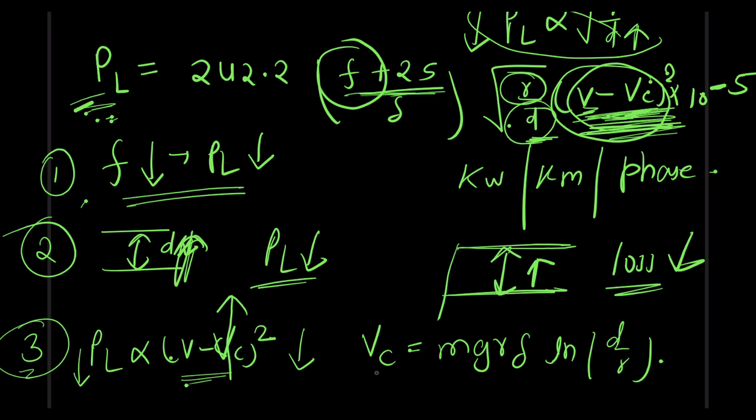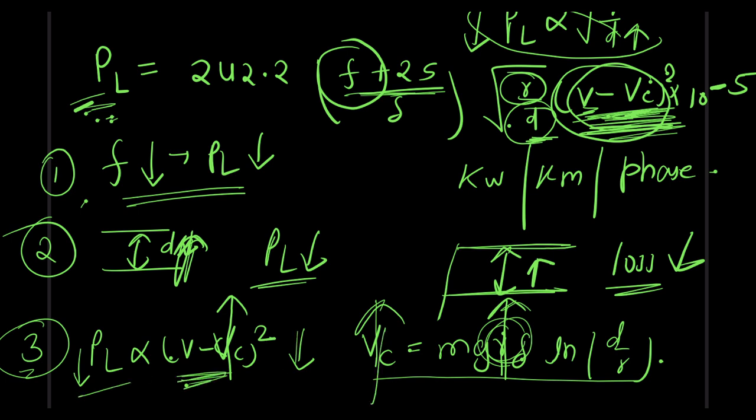In this case, Vc directly depends on the radius of the conductor. So if we have to increase Vc, then we have to increase the radius of the conductor. Since the radius of the conductor increases, Vc will also increase. So V minus Vc will be lesser, and the corona loss will be lesser. So the third result is that r should be higher.